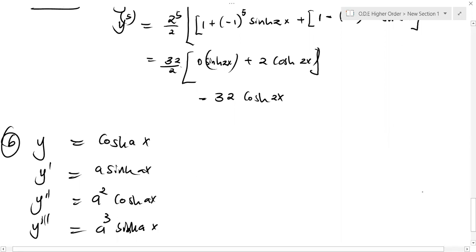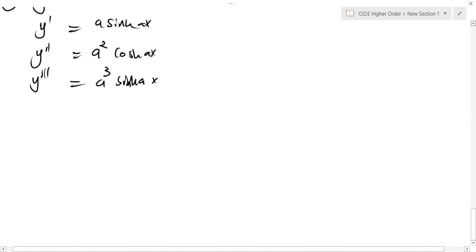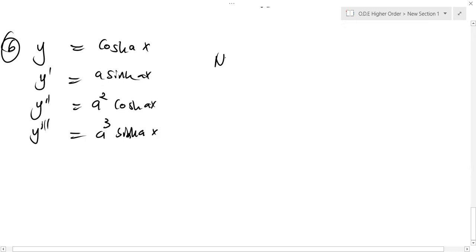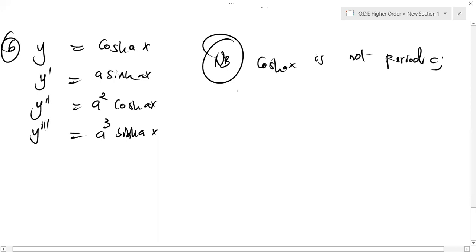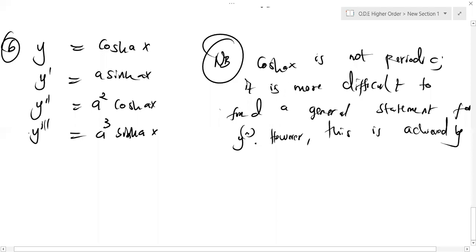However, it is achieved by the following general statement.